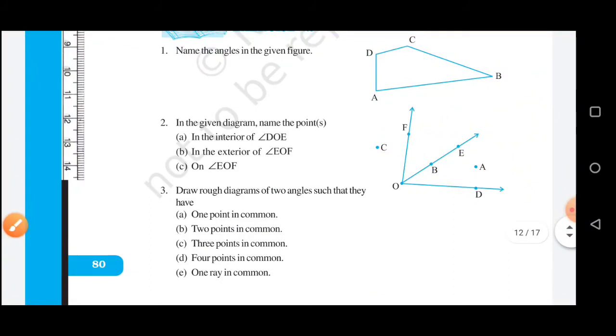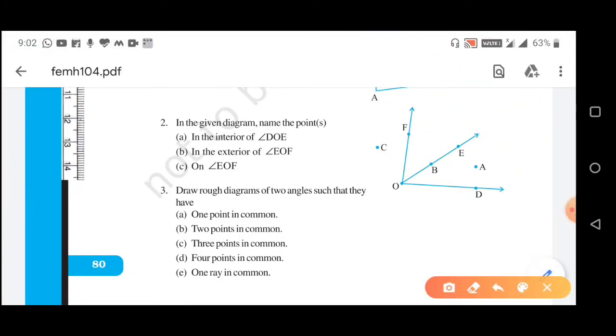Question number 2, in the given diagram, name the points. Question A, in the interior of DOE. DOE means the interior of this part.